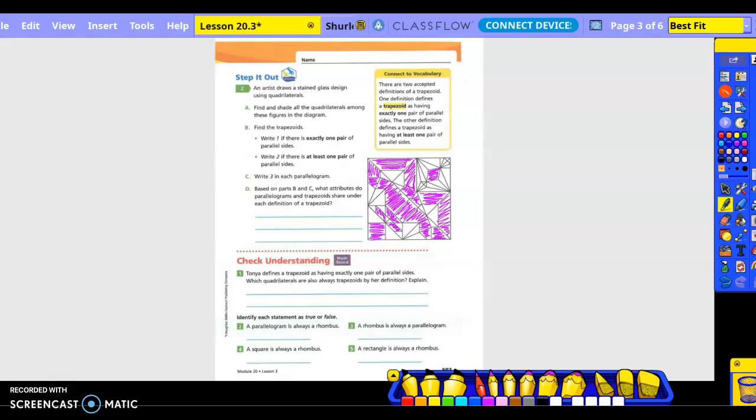So write one if there is exactly one pair of parallel sides. Okay, so as I said, not to write so dark. Okay, so this one would be a 1. This one would be a 1. A 1. A 1. And they only want one pair.